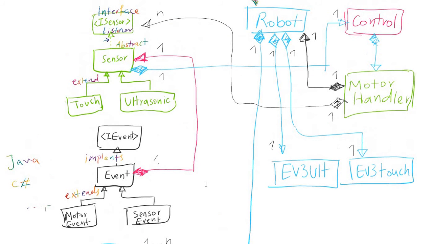As you see, we have another symbol here, which tells us this class has a property, and the property is a sensor listener.